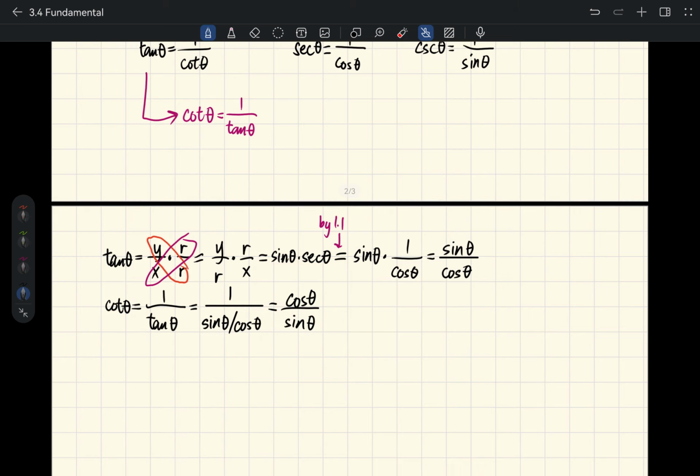So these two are actually fundamental identities as well, which we will call the ratio identities. Let me call this theorem 1.2. We have the ratio identities.